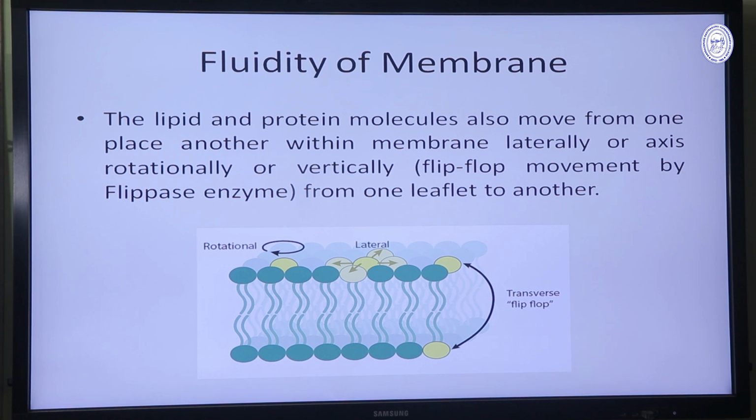So, vertically they can jump or flip flop from one leaflet to another leaflet, and this movement is mediated by an enzyme that is called flippase.